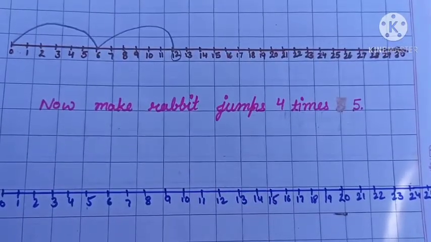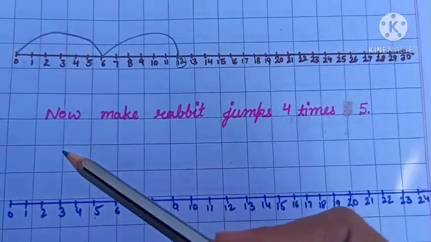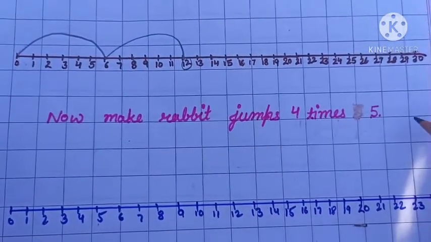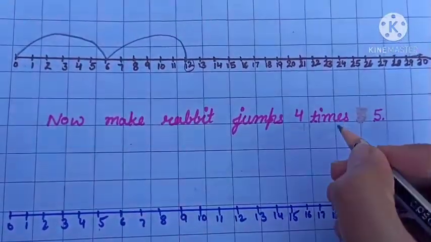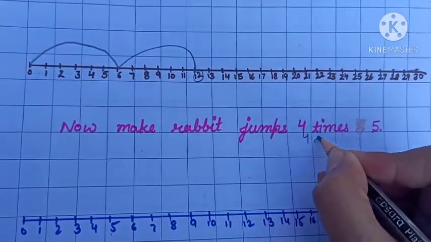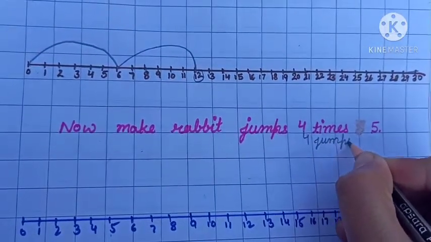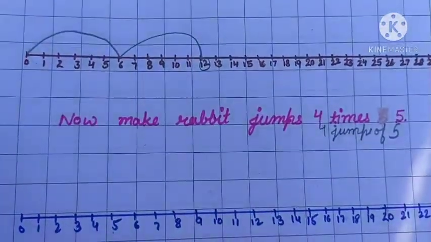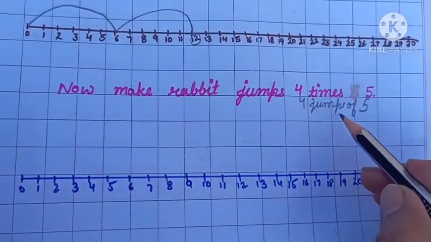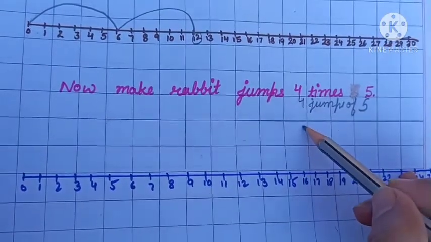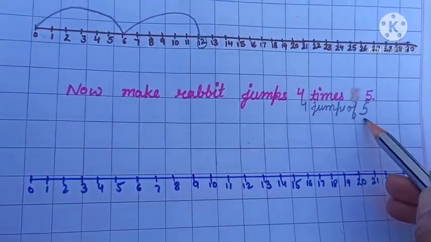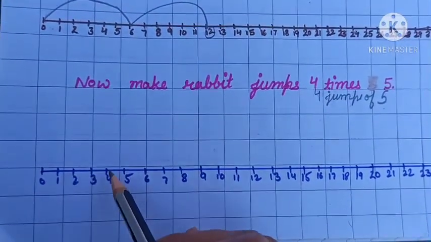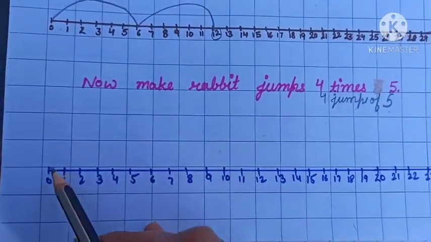Let's take another example. Now make rabbit jumps 4 times 5. That means 4 jumps of 5. So here we need to jump 4 times with the gap of 5. So let's count 1, 2, 3, 4 and 5.